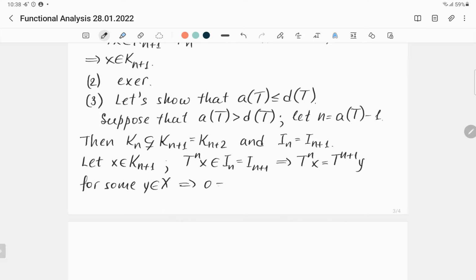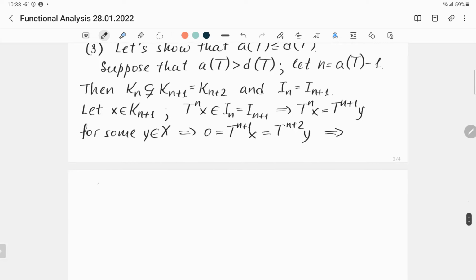So if we apply T to the power n plus 1 to x, then we get 0. And this is equal to T to the power n plus 2 of y. Now this means that y belongs to Kn plus 2.